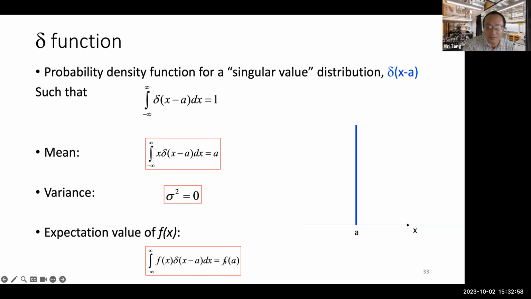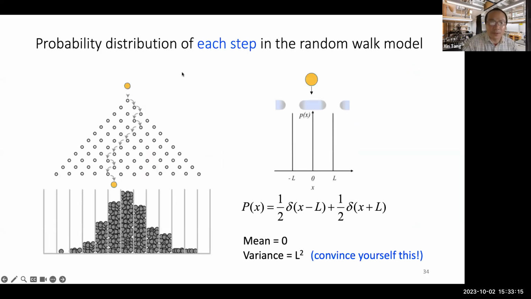Okay. So this is a very important, very special probability distribution function. But even though it is very special, it occurs in nature. For example, if you remember, I mentioned the Galton board, with many balls falling down from the center, and then they bump into the horizontal pin, and make a decision, go left or right, right?